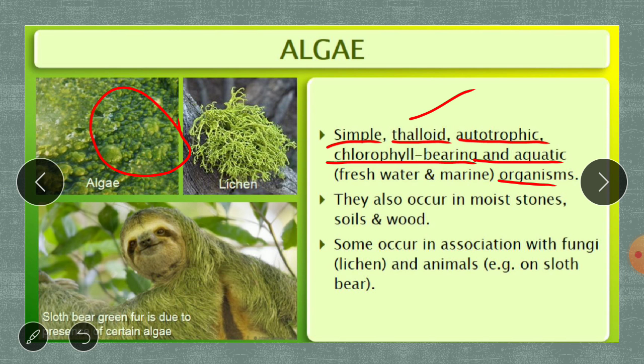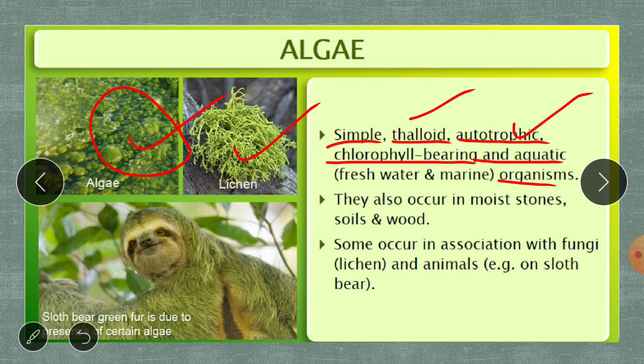In fact, they usually spread on the ground or on the bark of the stem of the plants or on the rocks. They are found attached to something usually, and they are present in a thalloid form. Thalloid means nothing but leaf like, or you can say suppressed or flattened.